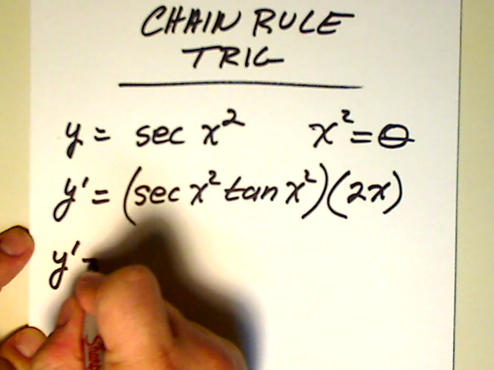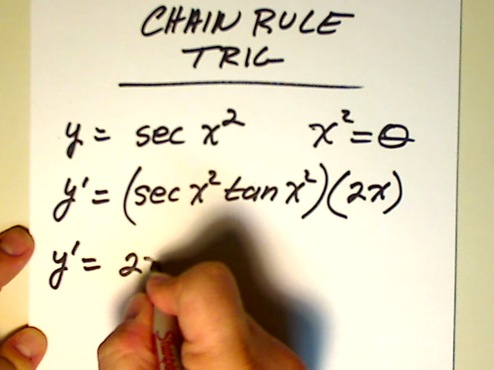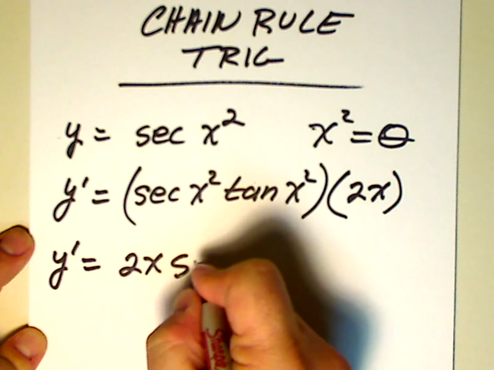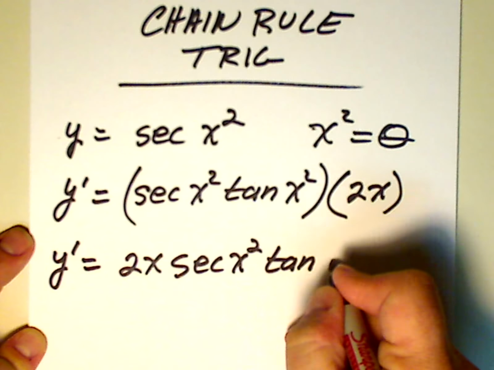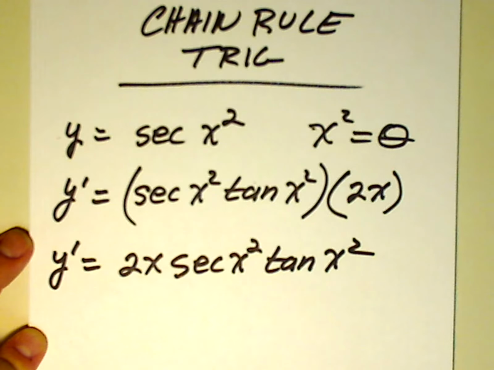So y prime is equal to 2x times secant x squared tangent x squared. There's the first derivative of secant x squared.